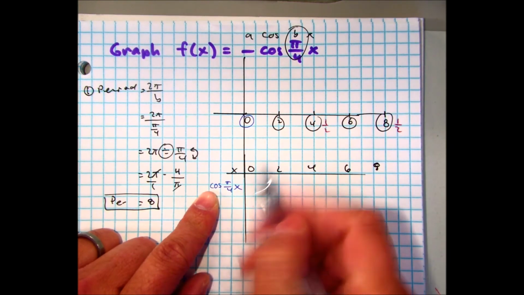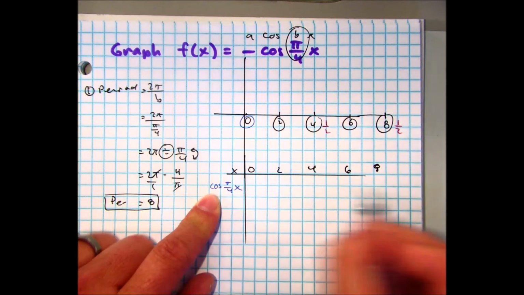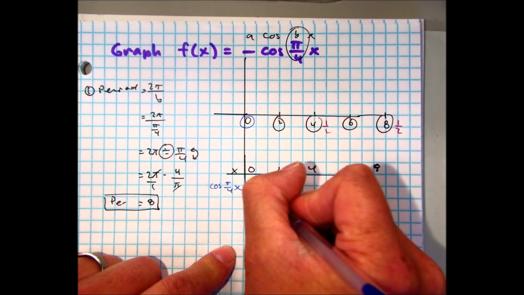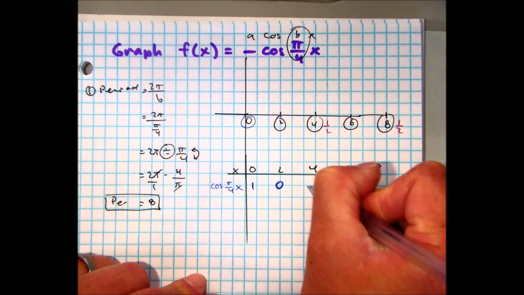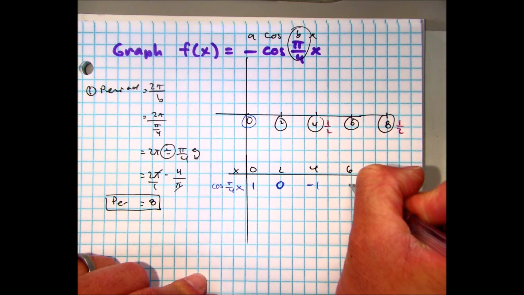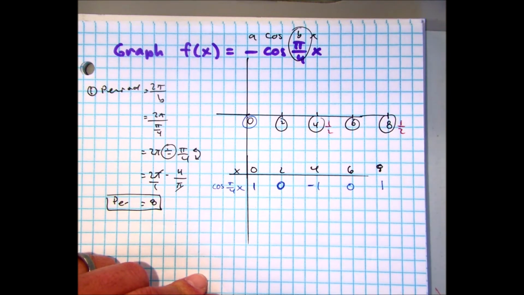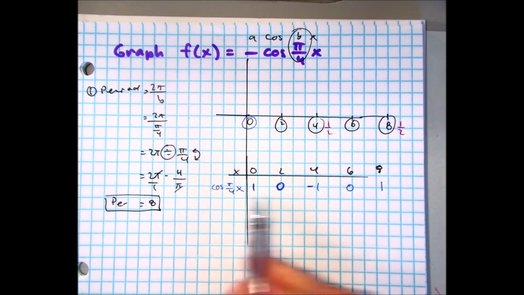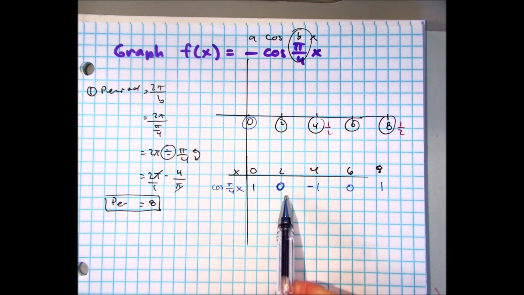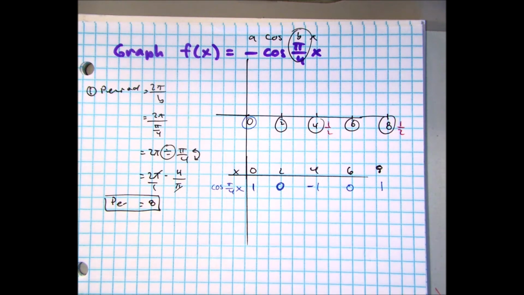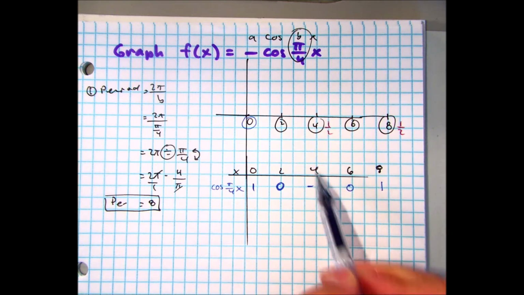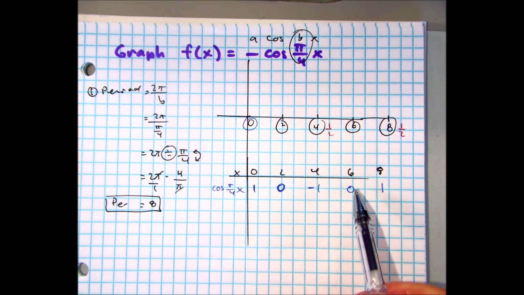Okay? So cosine going around on the quadrantals, or your unit circle, is what? 1, 0, negative 1, 0, 1.